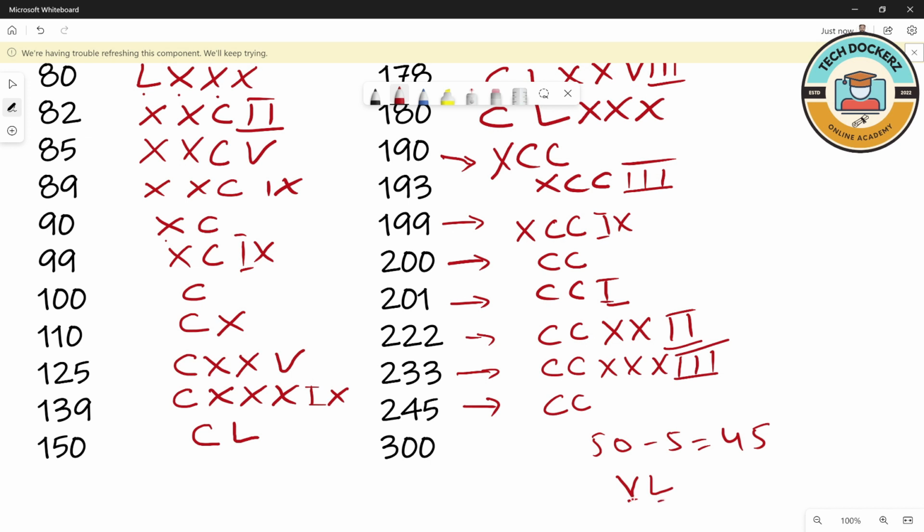The smaller number coming before the bigger number will work as subtraction. So CCVL represents 245. How can we write 300? CCC, 3 times C, which represents 300.